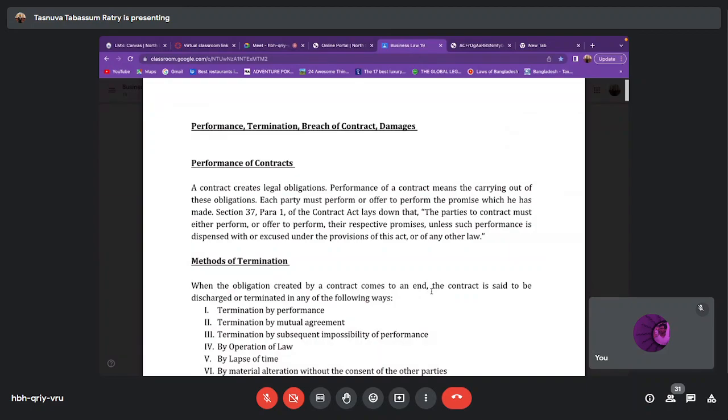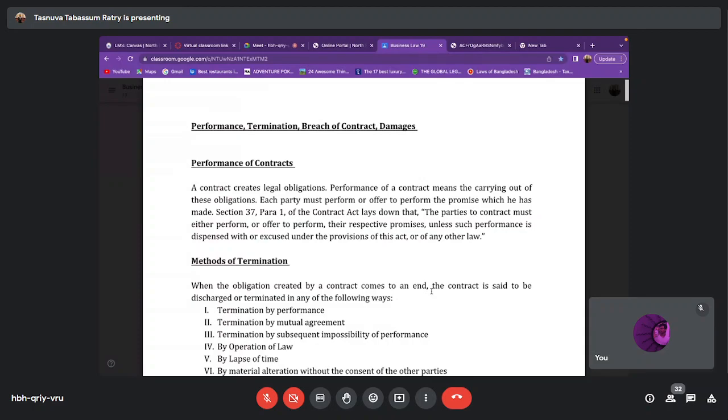Other than that, if the parties do not have the capacity to enter into a contract, the contract becomes void. So we are done with all the essential elements that need to be present to bind a contract. Today we will see what happens when the contract is terminated. How can you terminate a contract?